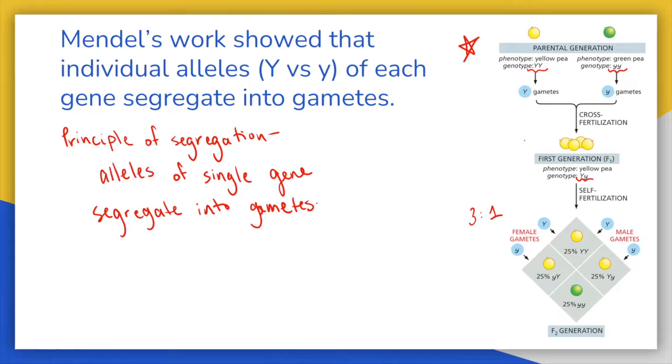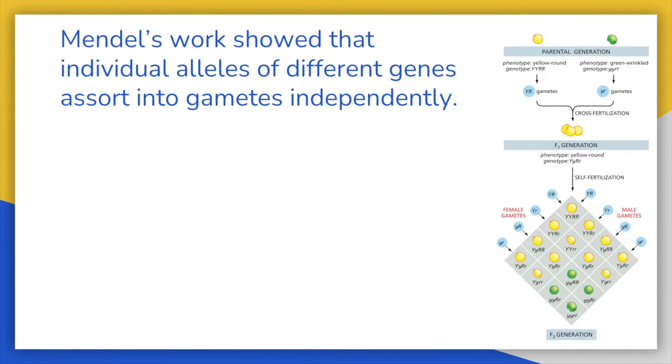In this case, from the F1 generation, dominant Y or recessive y could go into individual gametes. That's true from each parent, which is how we end up with recessive y phenotypes, even when we had dominant Y phenotypic parents.